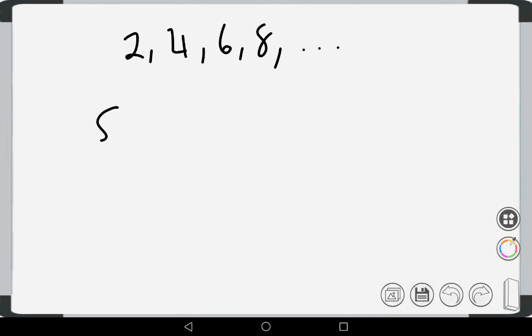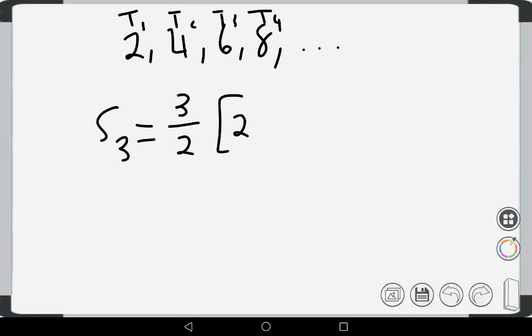Remember this is T1, T2, T3 and T4. So S3 is going to be 3 over 2 in brackets, 2 times the first term, which is 2, plus (3 minus 1) times d, which is 2, as we already calculated.